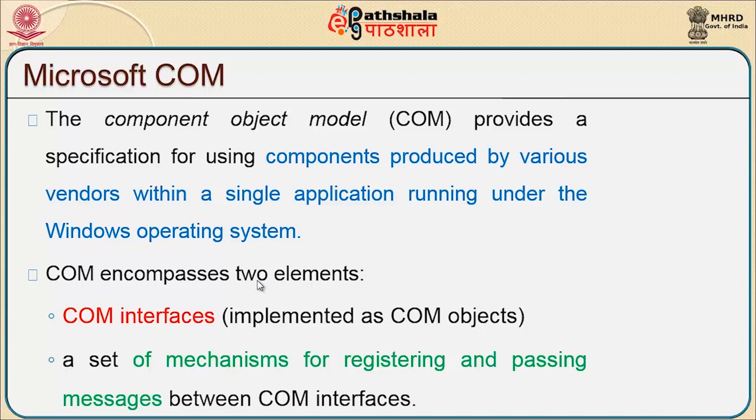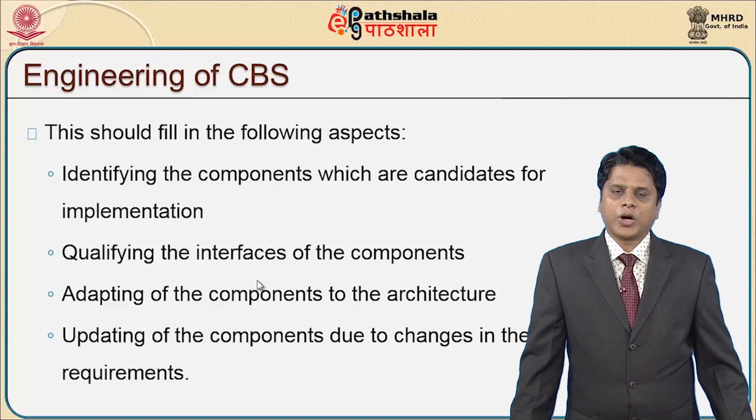So a simple application running on one specific system under the Windows operating system can have this COM, the Component Object Model, which can provide a complete spec of all the components available under that operating system. COM encompasses two components. One is the COM interface, which is implemented using COM objects, and the other is a set of mechanisms for registering and passing messages between COM interfaces. Engineering of component-based software.